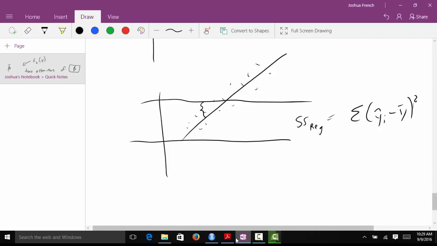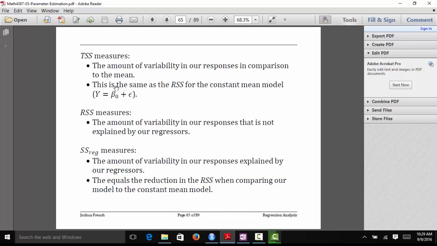These are just different ways of quantifying the fitted model. Let's talk a little more about the interpretation of these. The total sums of squares measures the amount of variability in our responses in comparison to the sample mean. In fact, the total sums of squares has a relationship to the residual sums of squares in that the total sums of squares is equal to the residual sums of squares for a constant mean model.